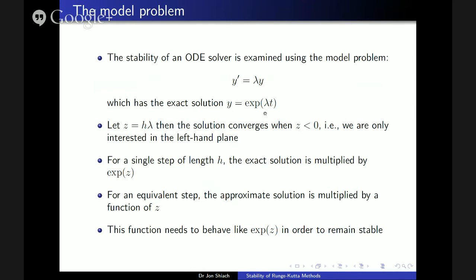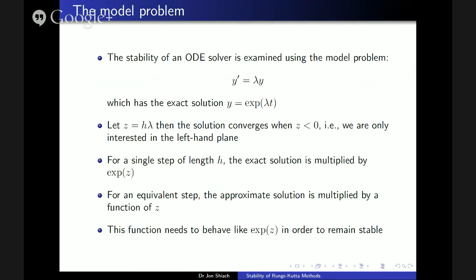If instead of lambda we have a positive number, t is going to be positive, with t ranging from 0 going up. The exponential function where t is positive and lambda is positive is just going to go off to infinity. As t gets higher and higher, the exponential function diverges off to infinity. That's no use to us. We want something that goes down to 0. We want a model problem to behave so it will go to 0.